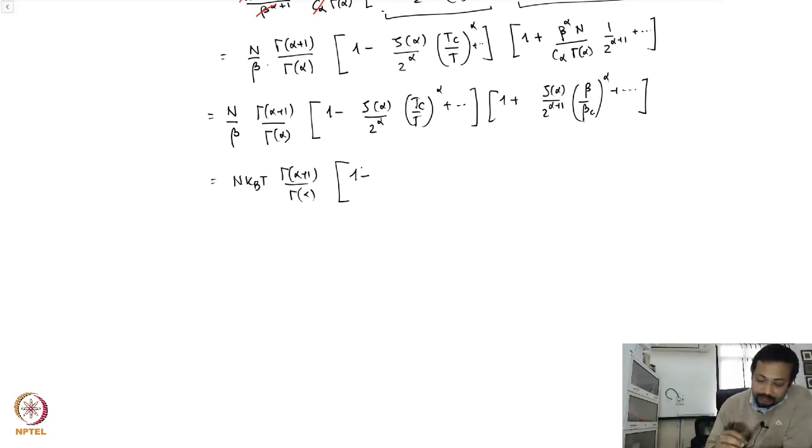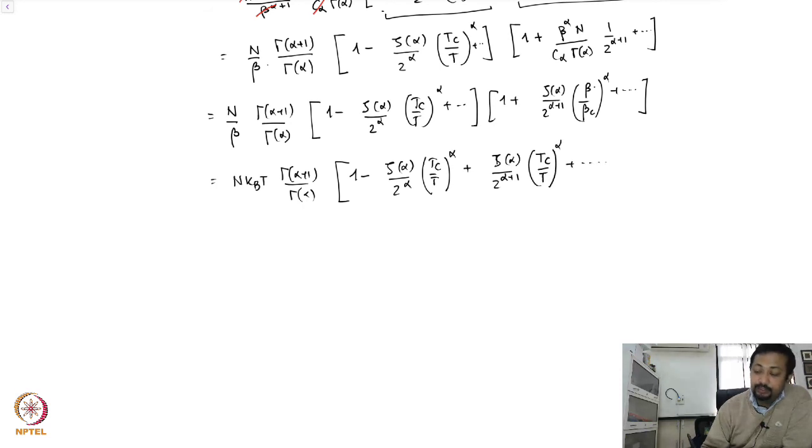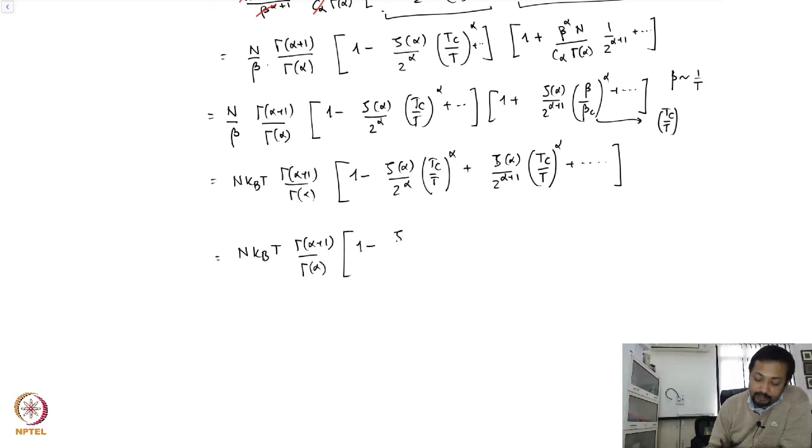Let's do this. 1 minus zeta alpha 2 to the power alpha Tc over T raised to the power alpha, and then you have plus 1 zeta alpha over 2 to the power alpha plus 1 Tc over T raised to the power alpha plus higher order terms, because beta over beta c is essentially Tc over T, since beta goes as 1 over T. Therefore, I have nkBT gamma alpha plus 1 over gamma alpha is going to be 1 minus zeta alpha 2 to the power alpha Tc over T raised to the power alpha, 1 minus half of, because of this additional factor.